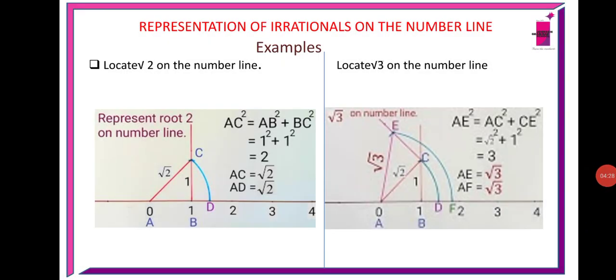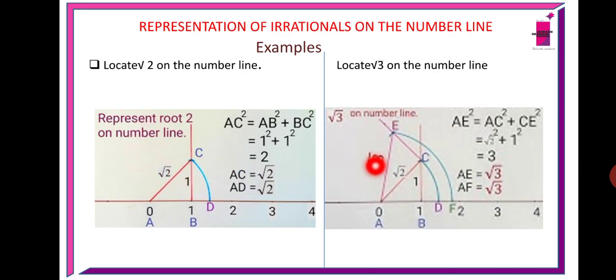So you can see here OC is root 2. Here O is 0, to C, that is AC is root 2, because it is the hypotenuse of a right triangle with 1 unit for the 2 sides. So hypotenuse equals under root of side square plus side square. Based on this theorem, you have got root 2.